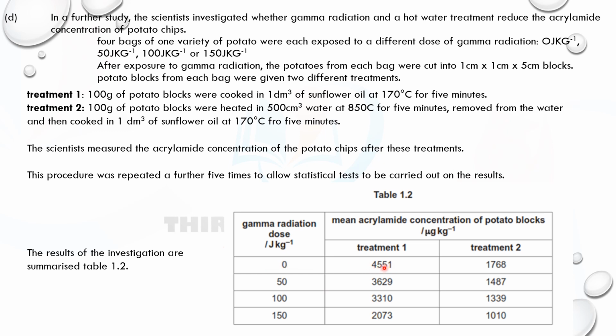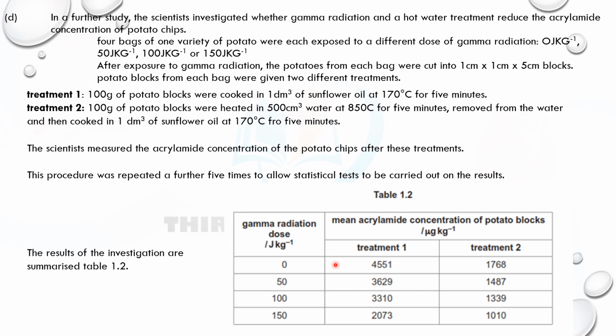You see what is left, the mean, is much more compared to what is left here. So this decreased a lot. What is left is higher than what is left after treatment 2. So this decreased more. If you check 50, what is left after the treatment compared to what is left here is also much less.